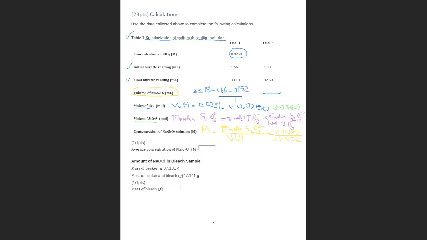And that is how you calculate the molarity of your titrant. That is the standardization. Then you do the same thing for trial 2 and you average both values. You add them together and divide by 2. Very good. Once you have the concentration, let's say I got a number that is 0.119 molar.